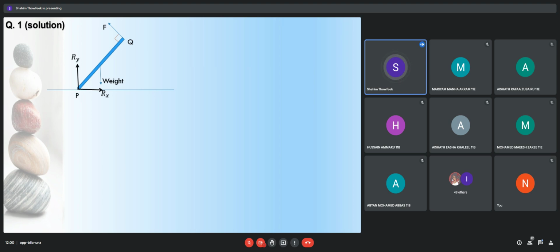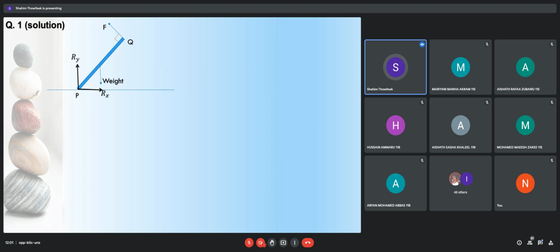The length of the beam PQ is 3 meters. Then the length from P to the center of gravity is 1.5, half of PQ. The angle to the horizontal is 50 degrees.